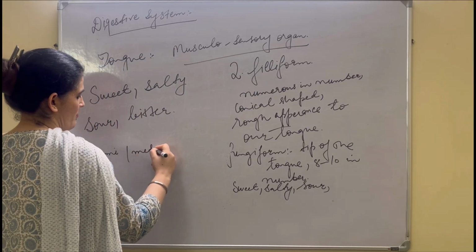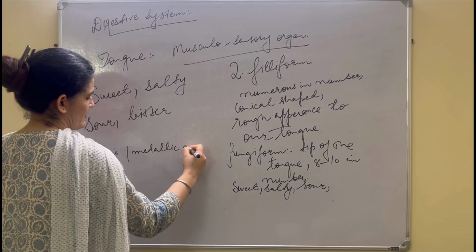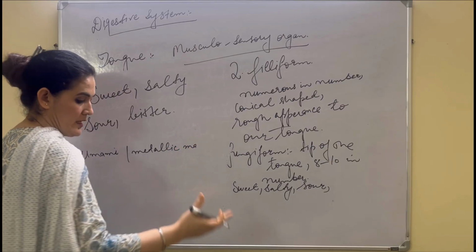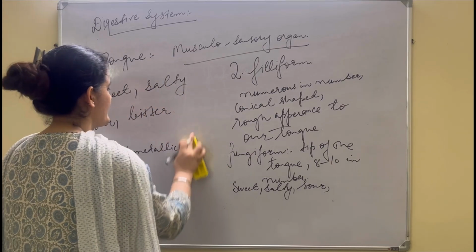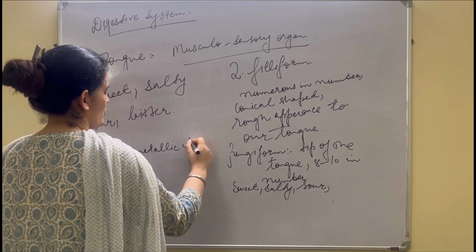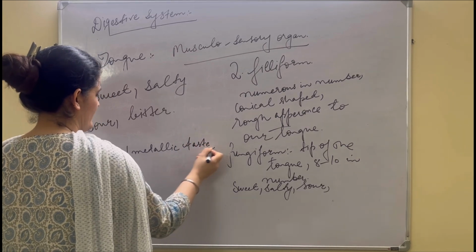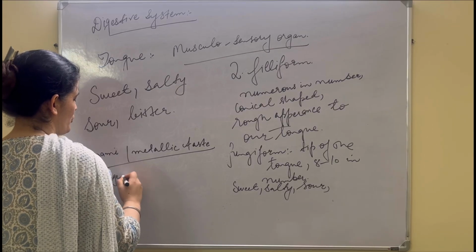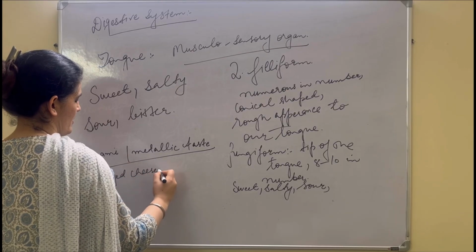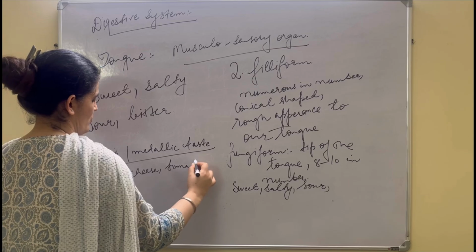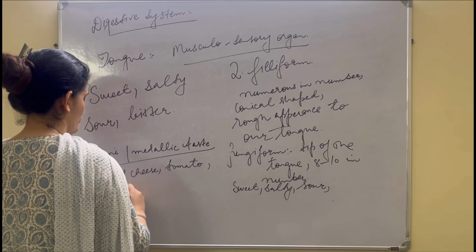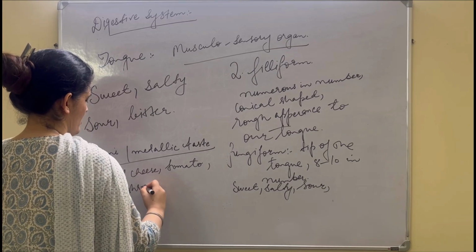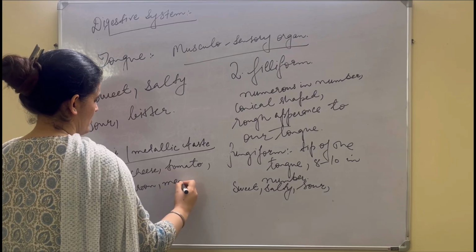This umami or metallic taste is basically referred to as the delicious taste. It is found in aged cheese, tomato, mushrooms, and meat.